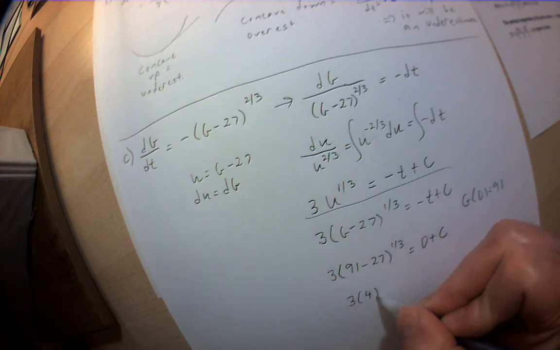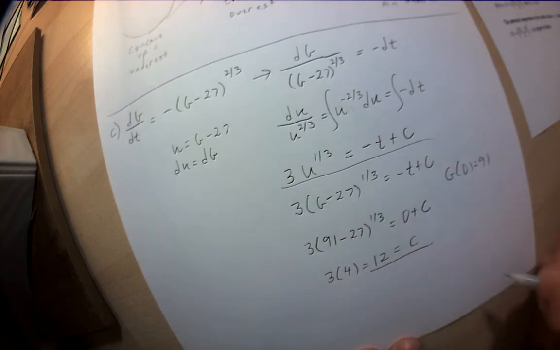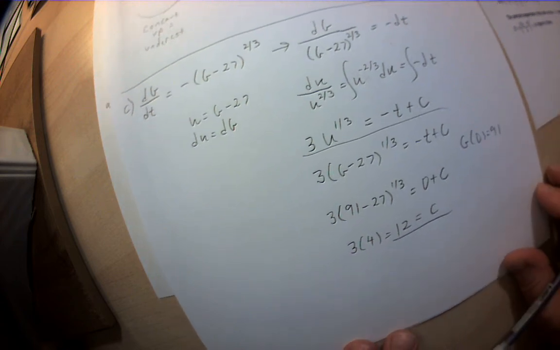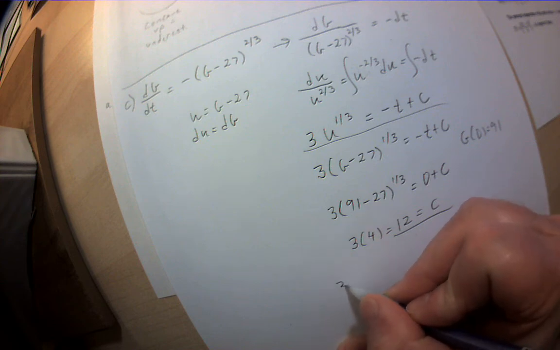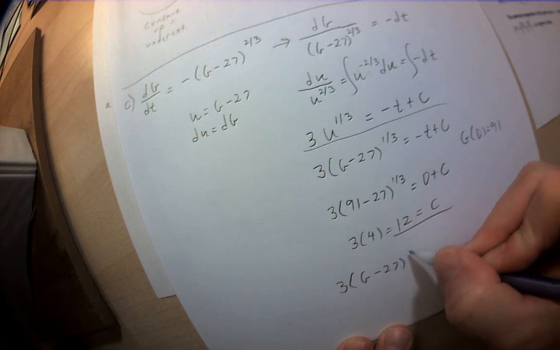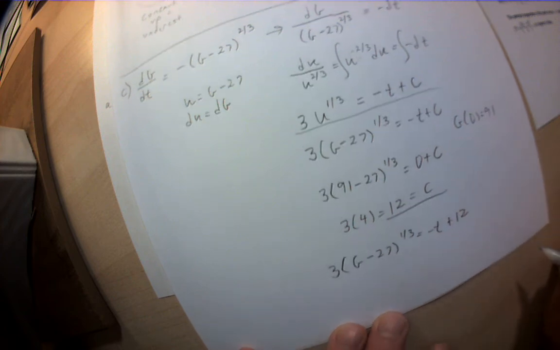So 3 times 4 equals 12, which equals c. Okay, so c equals 12. That is another point. Okay, so now what do we got? We've got 3 times (g minus 27) to the 1/3 equals negative t plus 12.